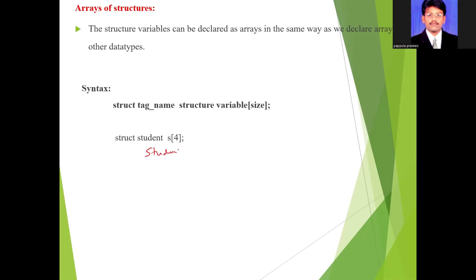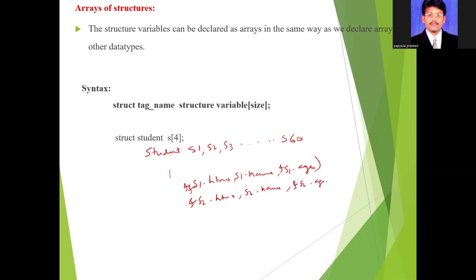Student S1, S2, S3, and so on, S60. If you want to read the student, then ampersand S1.age, right? S2.name, ampersand S2.age. Same. Until 60, it is not possible.